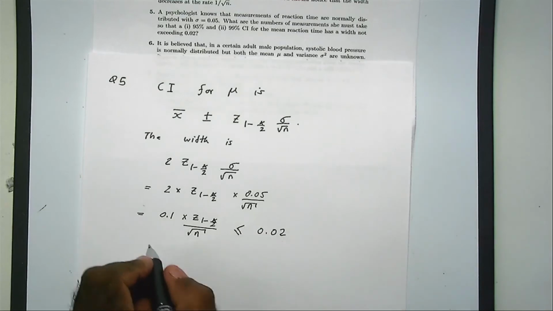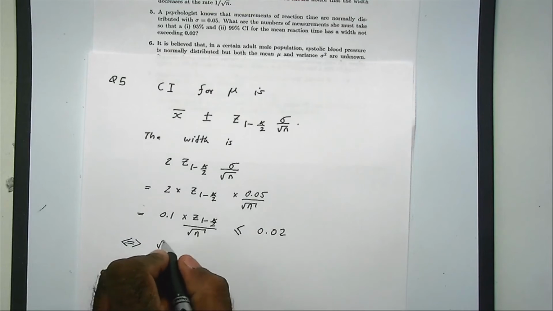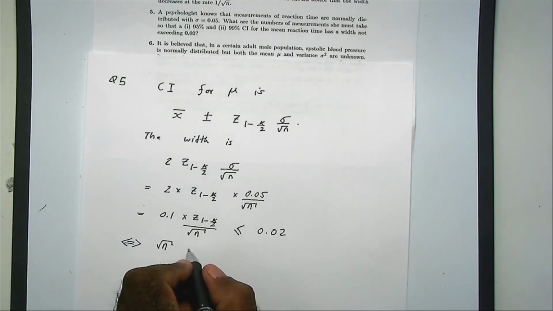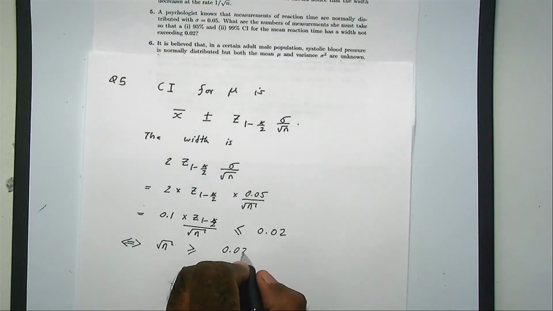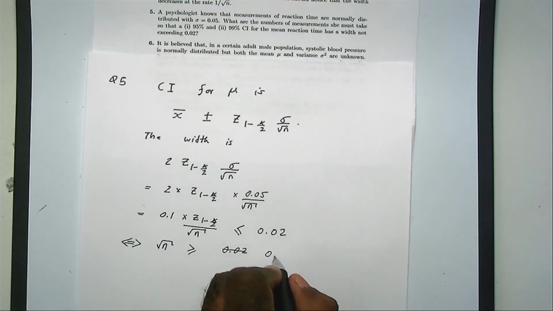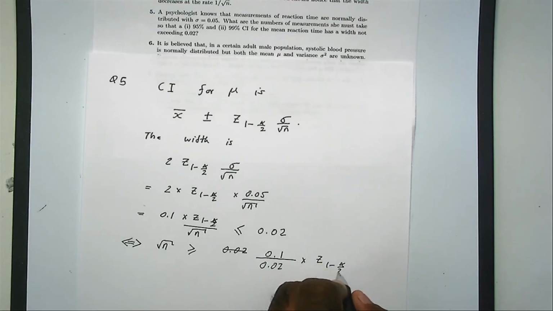All right, so which means that root of n has to be greater than or equal to 0.1 divided by 0.02 times Z 1 minus alpha by 2, right?